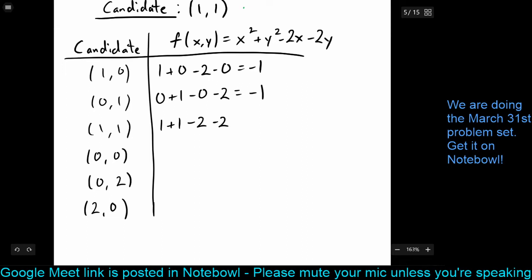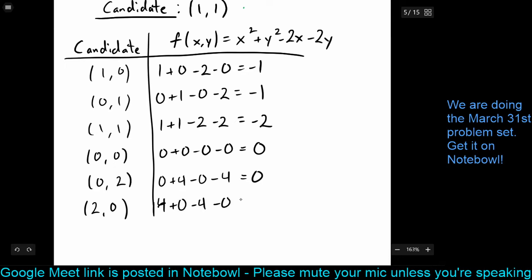So I'm just plugging these points into that function. So this is negative 2. Plug in 0, 0, and I get 0. Plug in 0, 2, get 0 plus 4 minus 0 minus 4, which is 0. And plug in 2, 0, I get 4 plus 0 minus 4 minus 0, and that's 0.